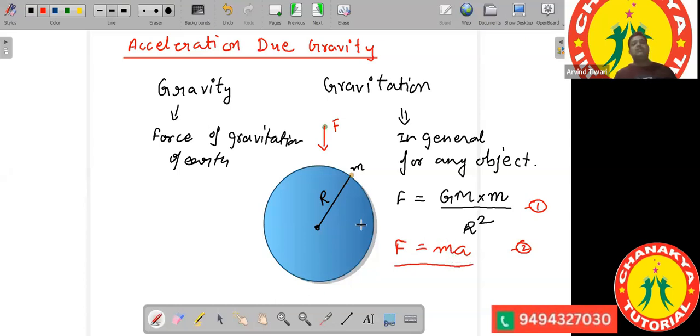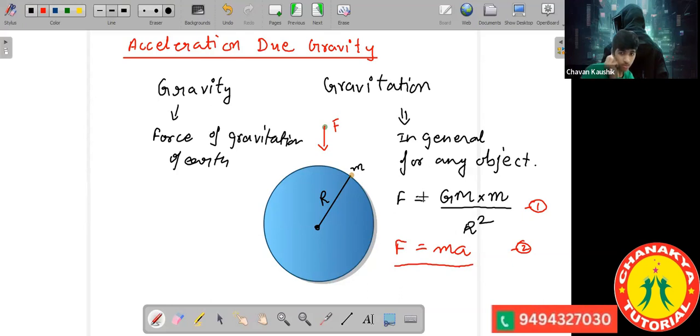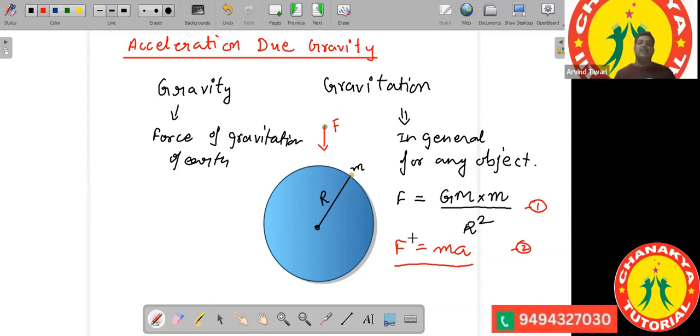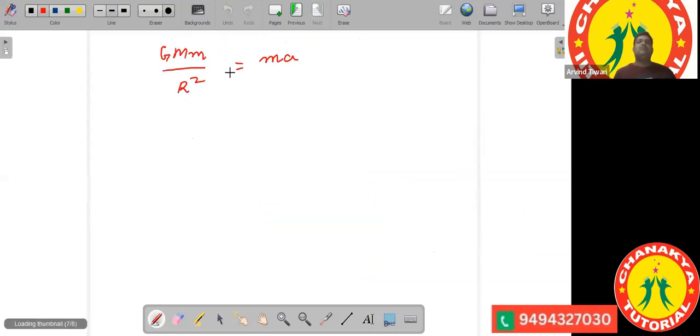So it does not matter what force it is; if it is a force, it must be equal to mass into acceleration. Since it is a gravitational force, the force will still be equal to mass times acceleration. So hence we can put here that G M m by r squared should be equal to mass times acceleration.